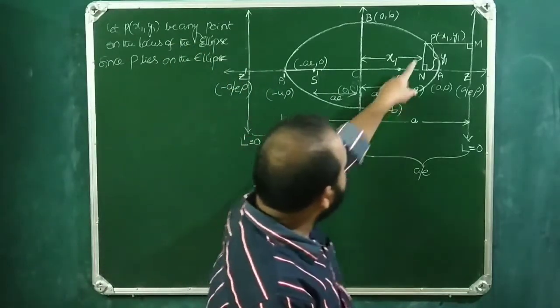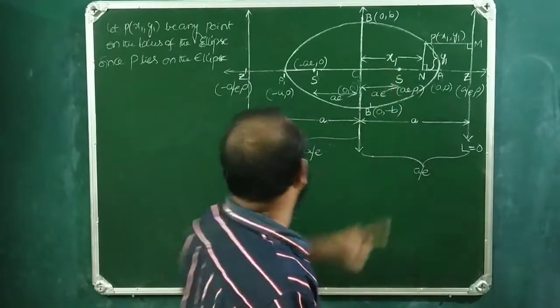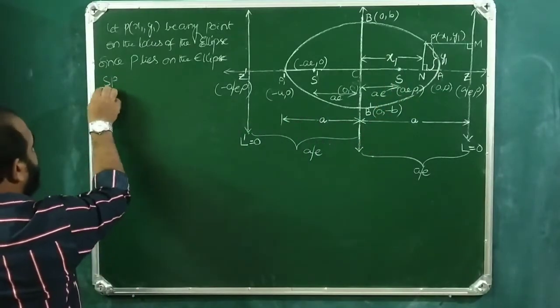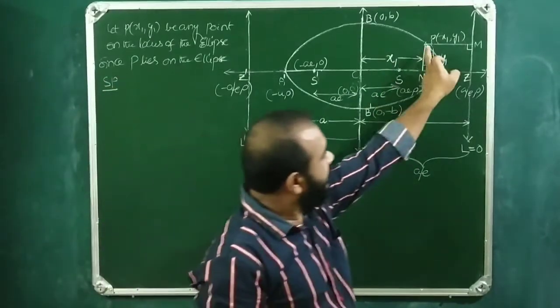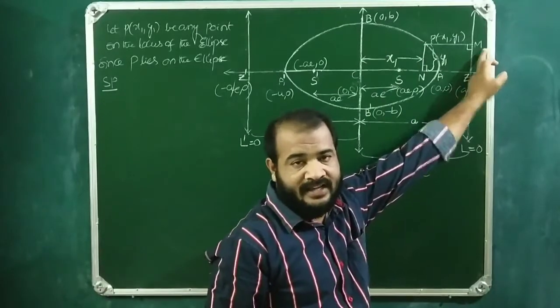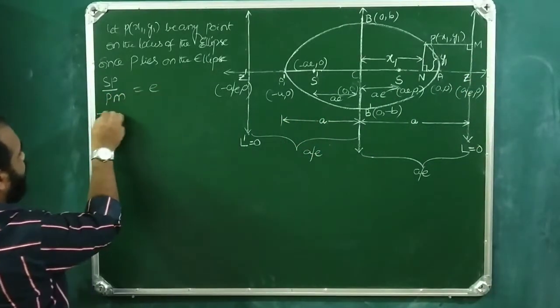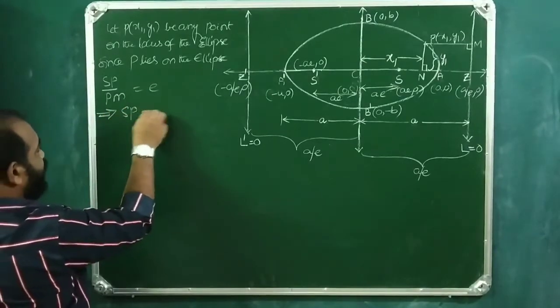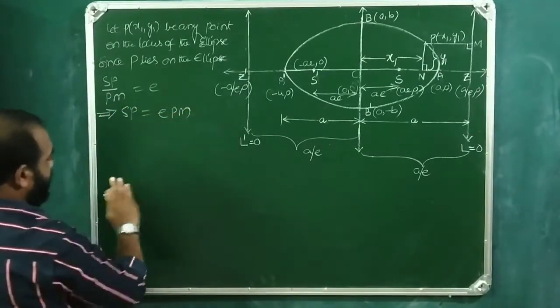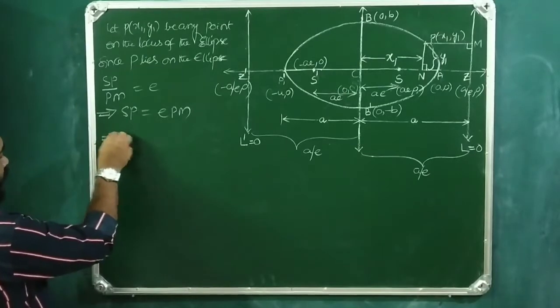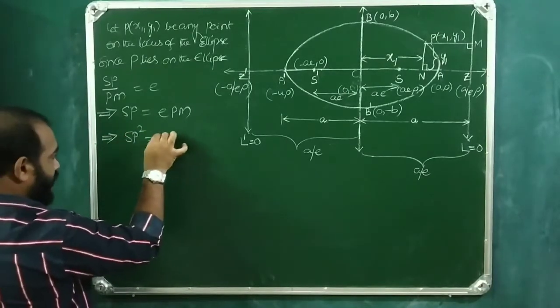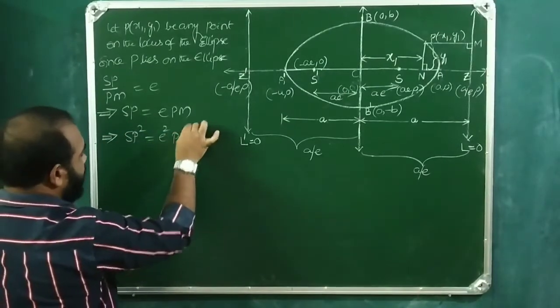So its distance from the focus, SP, by its distance from the fixed line, PM, is equal to e. From this, SP is equal to e PM. So SP square is equal to e square PM square.